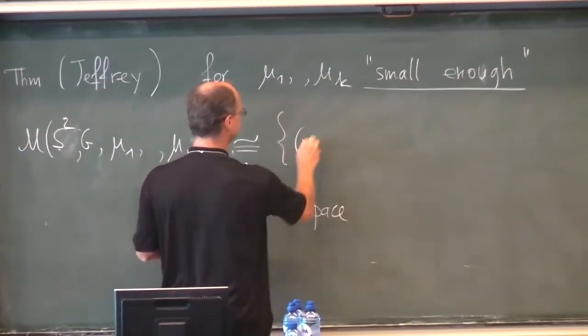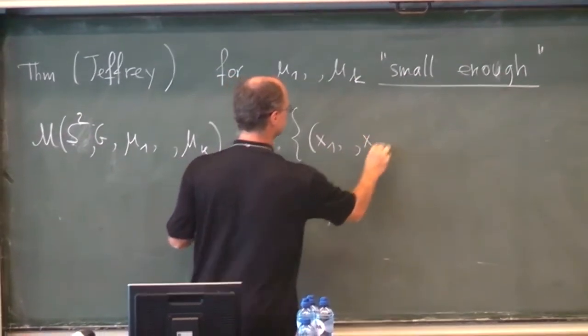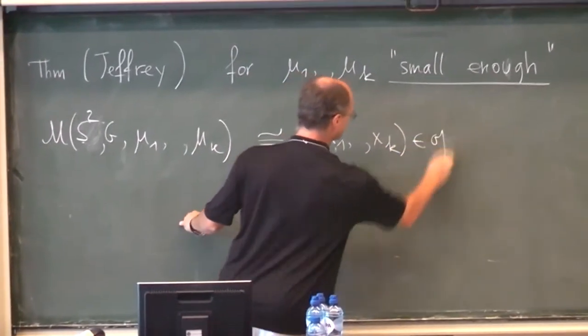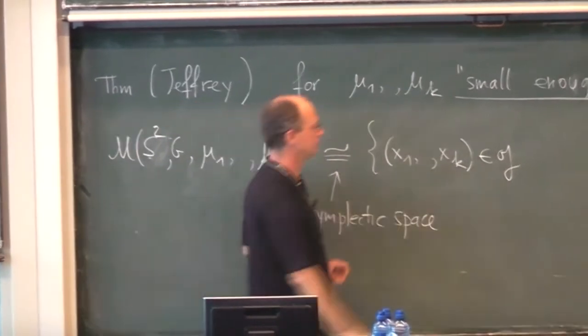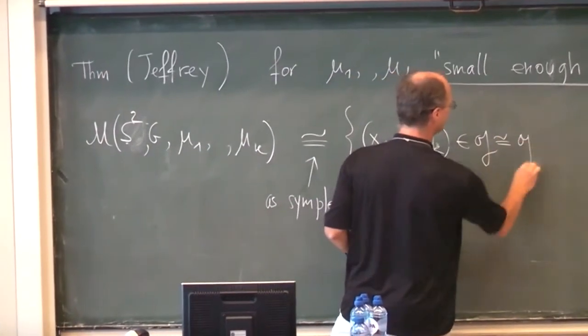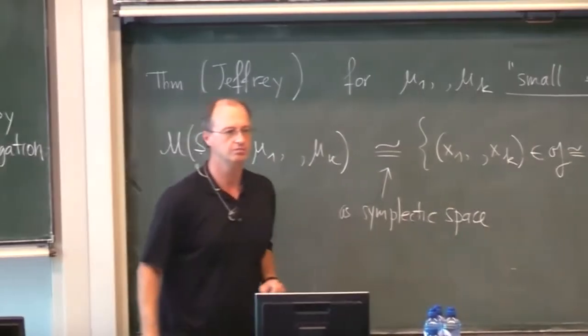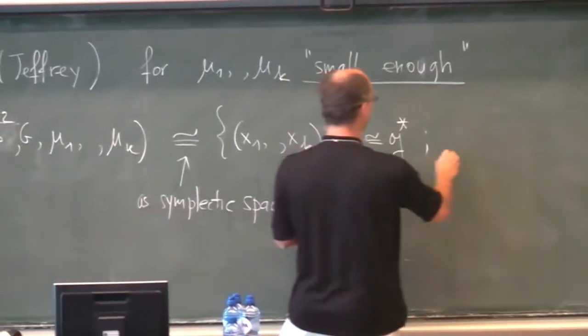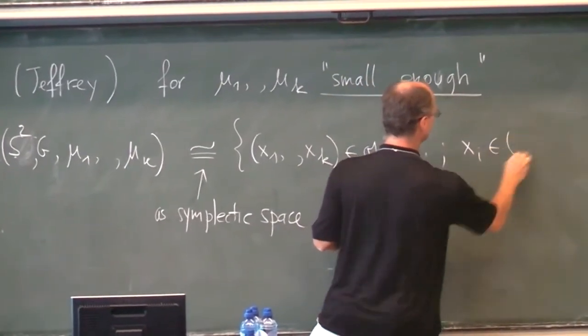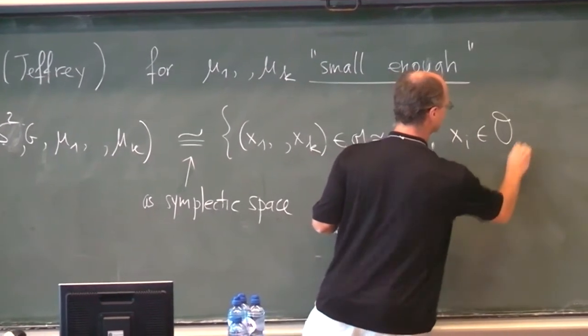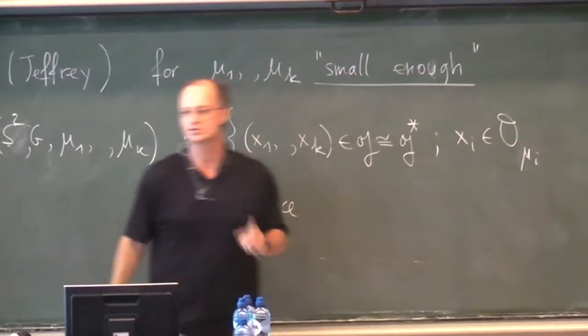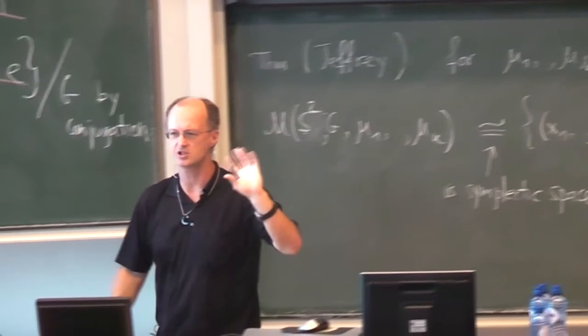So we consider k-tuples of elements of g, which is identified with g star. We require that x_i be in the coadjoint orbit defined by mu_i. You see, I'm now freely mixing g and g star.